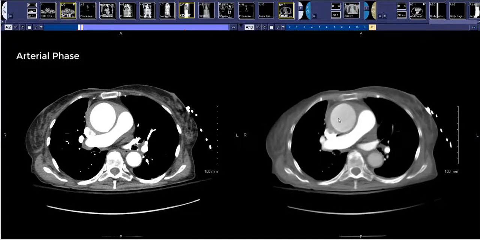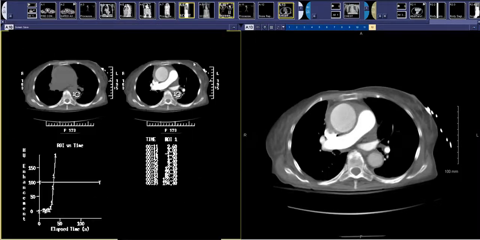They begin injecting contrast, and when a threshold is met, they put the region of interest in the descending aorta. Once they reach a certain Hounsfield unit threshold, they trigger the scan. That way they get optimal bolus timing for the vessel of interest, in this case the aorta.